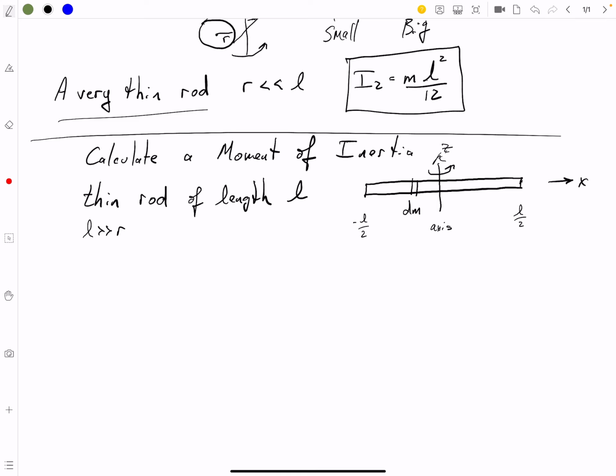This rod also has a unit mass per length. So the whole mass divided by the length is our mass per length.